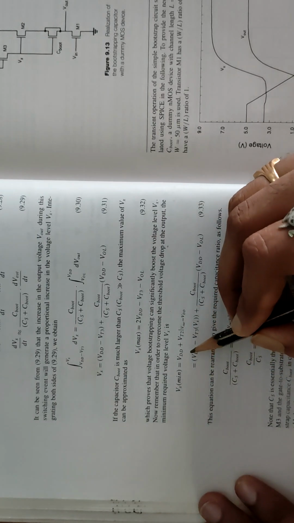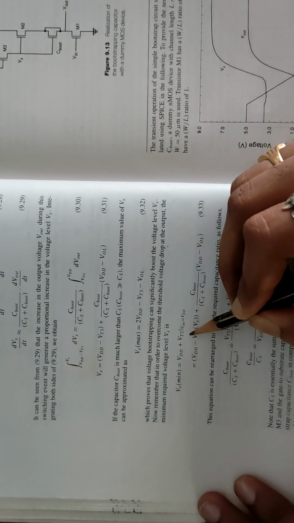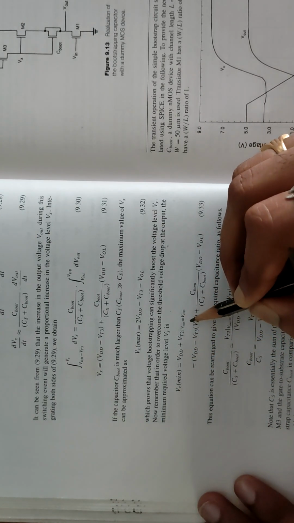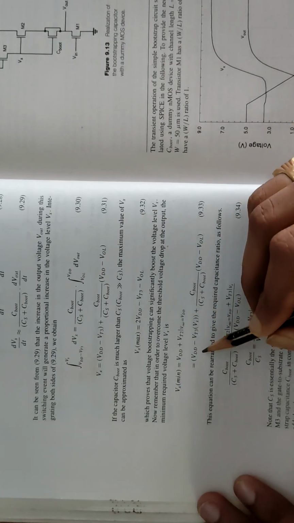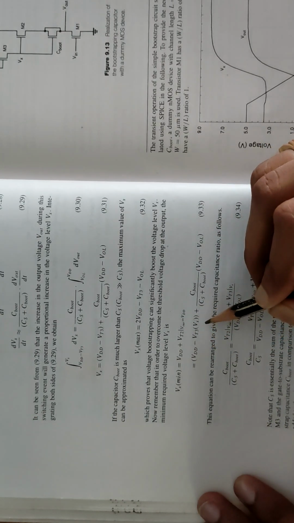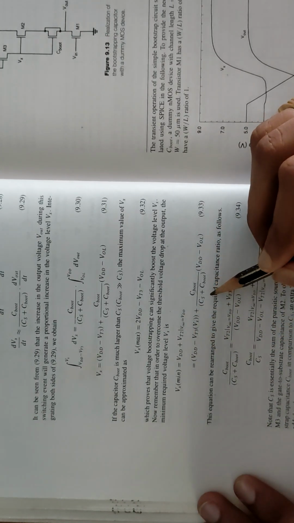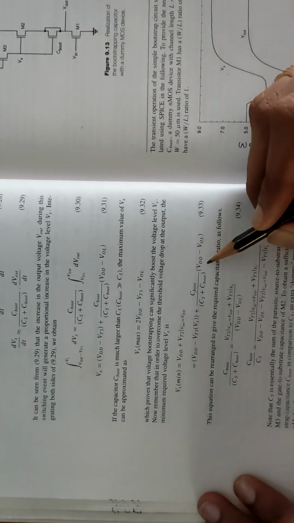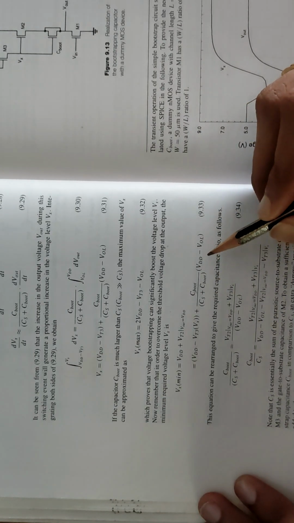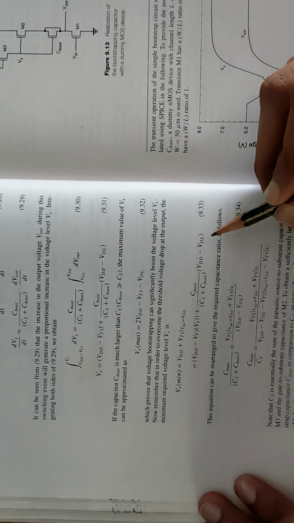Vx min equal to VDD plus VT2(Vout equal to VDD). So VDD minus VT3 of Vx plus Cboot/(CS plus Cboot) times (VDD minus VOL).